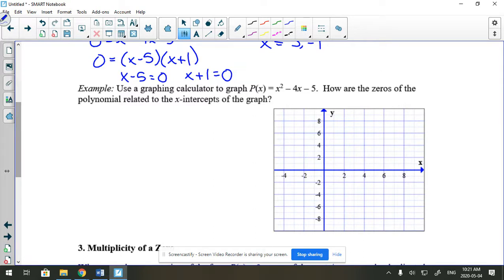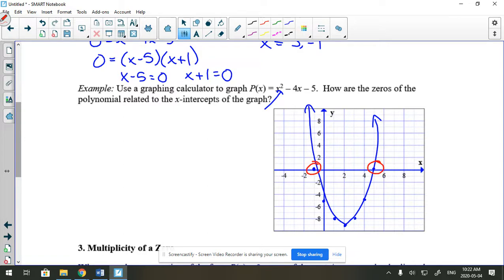So if we use our graphing calculator, you can put this into your graphing calculator and then graph it. You'll see that your graph looks something like this. And you can see where your x-intercepts are.